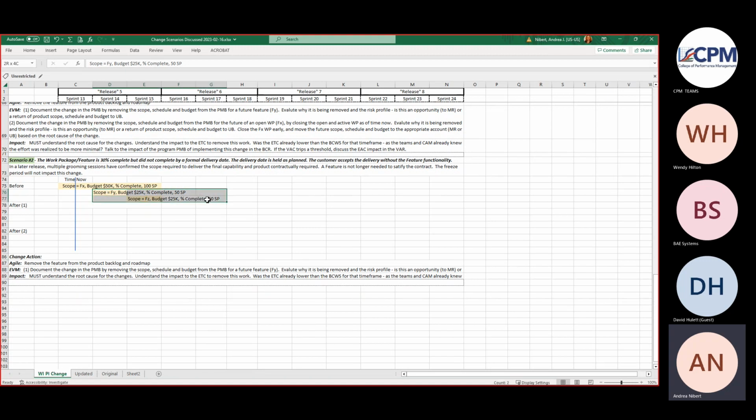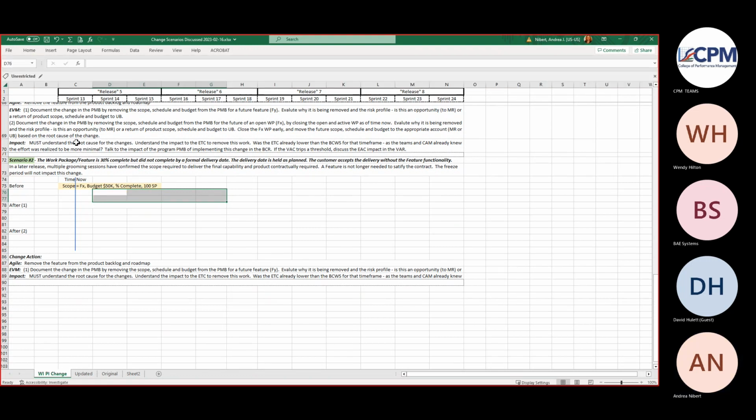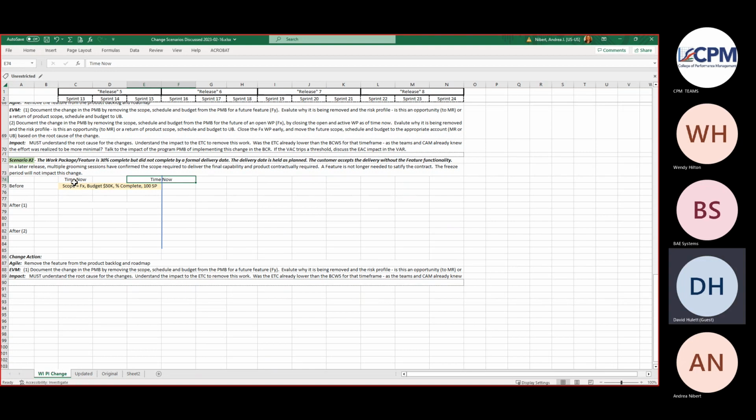So here's our feature X. Time now is partway through. Actually, we're going to go ahead and move time now out to here. So time now is at the end of the feature.